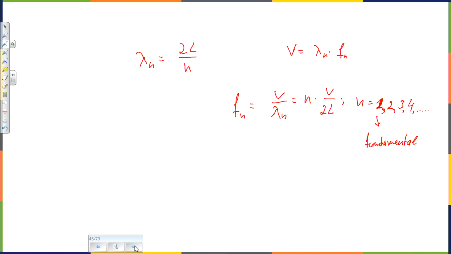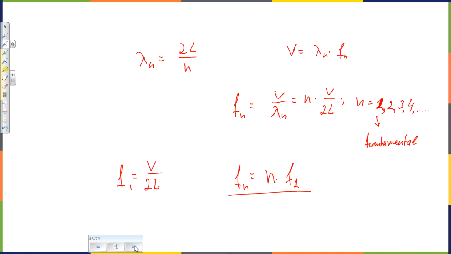And we can see that the fundamental frequency is equal to speed over 2 times length. The relationship between the nth mode and the fundamental is very simple. Any questions?